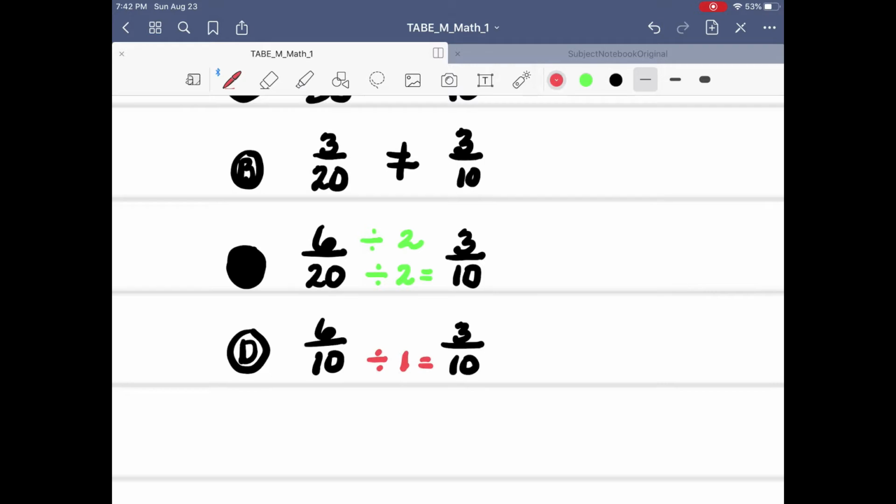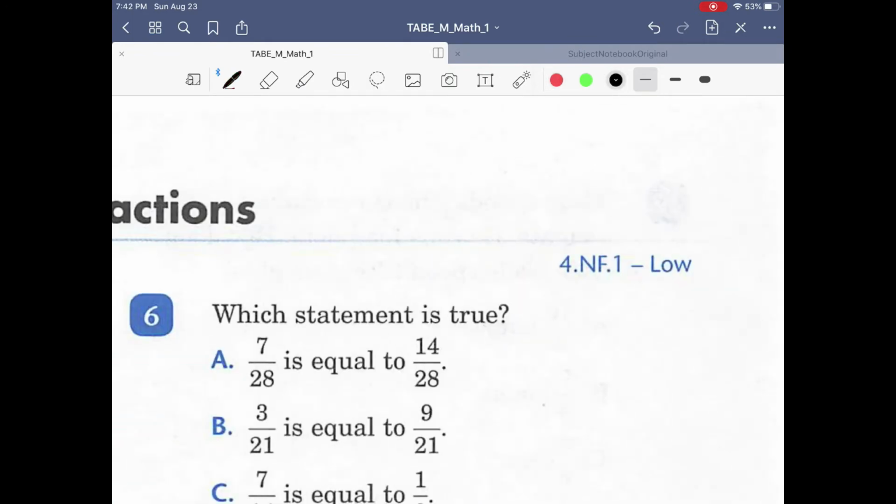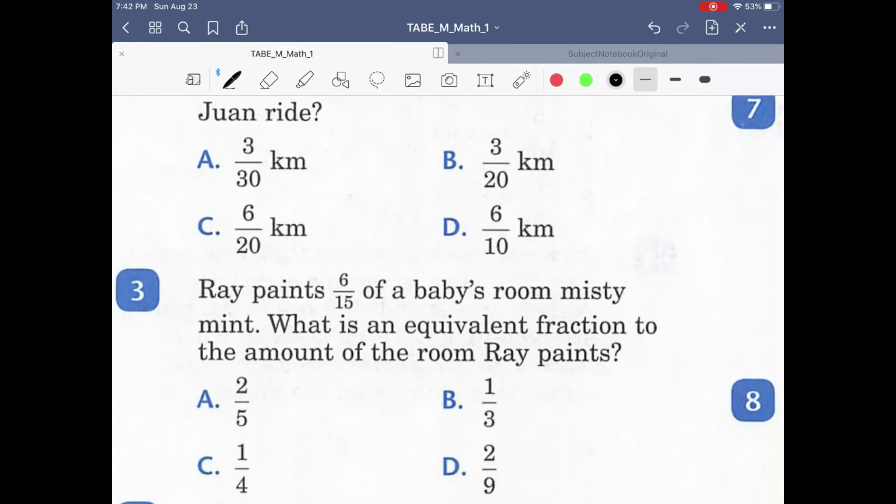Here you can see why it would not. It would be 10 divided by 1 to get 10, but 6 divided by 2 to get 3. Those numbers in the middle, the red numbers, have to be the same because that's what would equal 1. So the answer to number 2 is C.